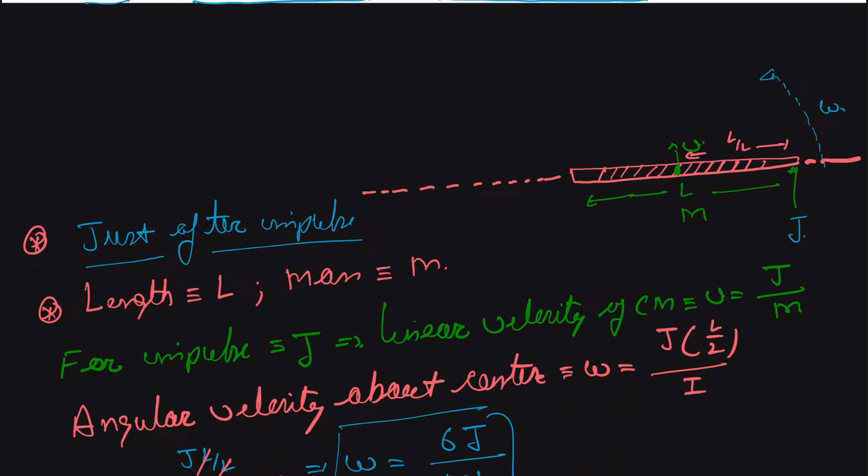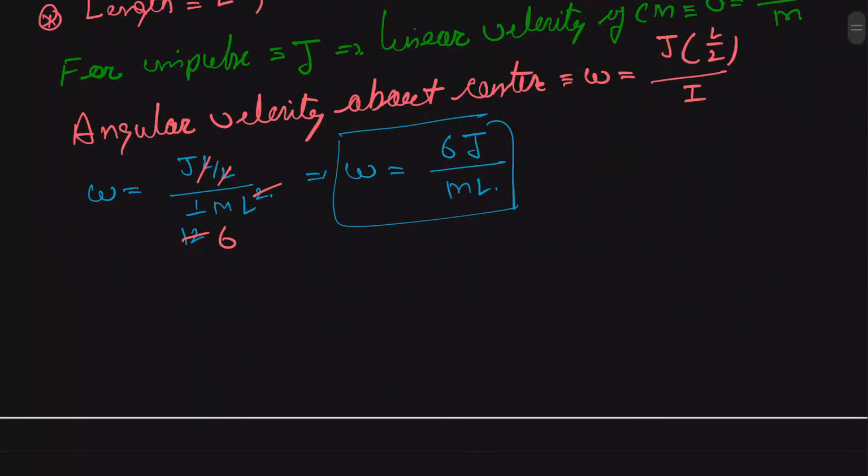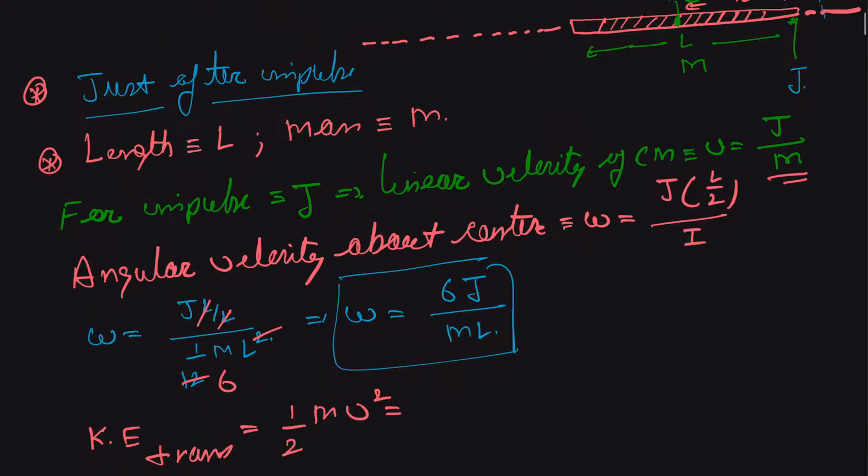The center of mass is going to have two types of motion, rotational as well as translational. Therefore we can find the translational kinetic energy as well as the rotational kinetic energy. The translational kinetic energy will be equal to half m v square, and v is J upon m.